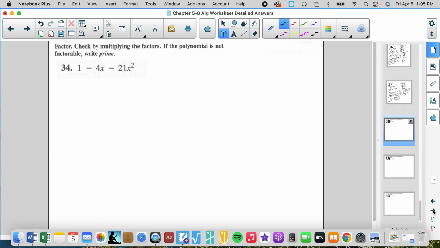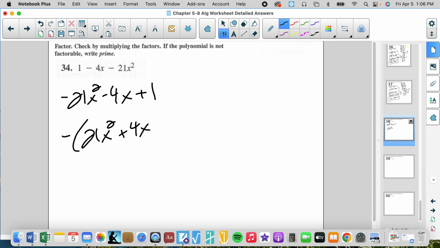Okay. Negative 21x squared minus 4x plus 1. Factor out the negative: 21x squared plus 4x minus 1.